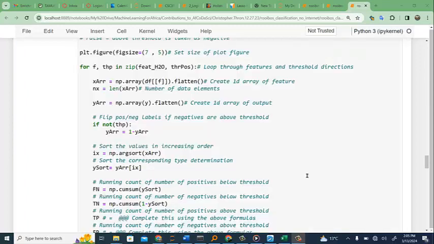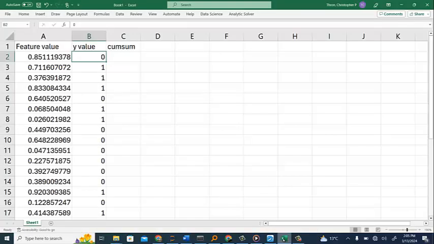All right. Now to explain a little bit more clearly, I thought I would do an example using Excel. Suppose we had feature values from 0 to 1, which I put in this column A, and suppose the associated Y value is here. So we know that the class is either 0 or 1.